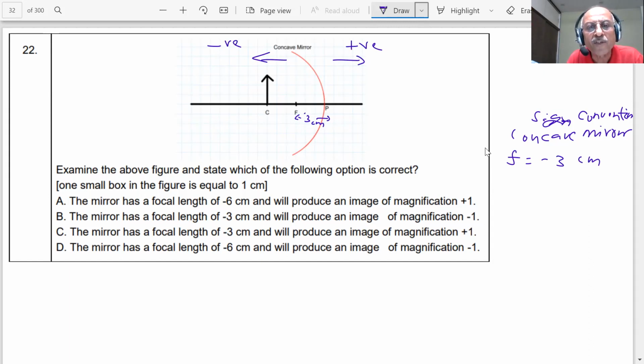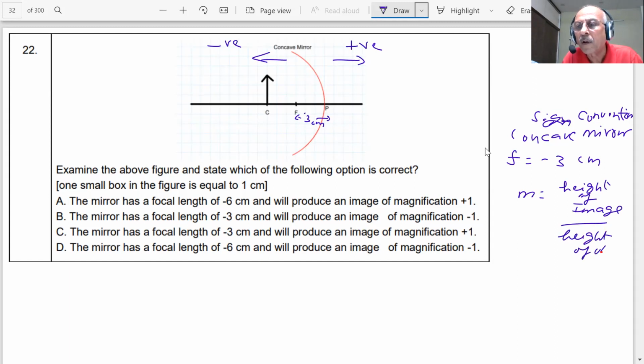The focal length is -3 and will produce an image of some magnification. Now, what is magnification? It is the height of the image divided by the height of the object. In this case, the object is placed at C. So what is going to happen, student?